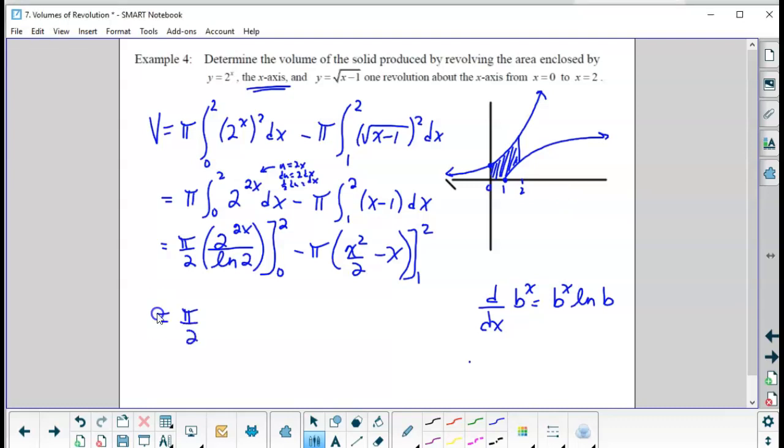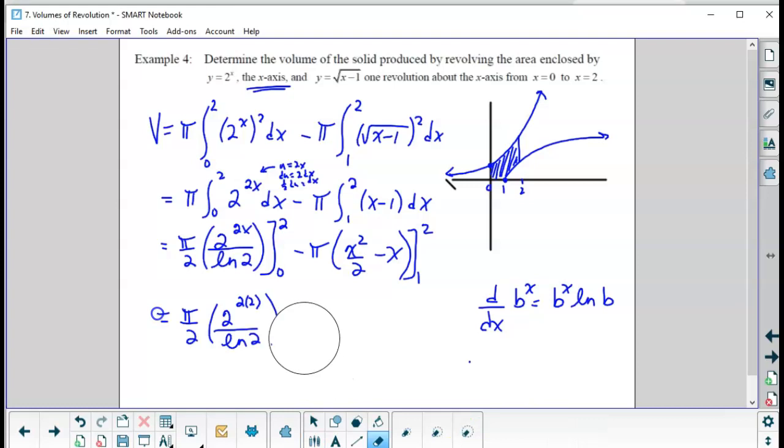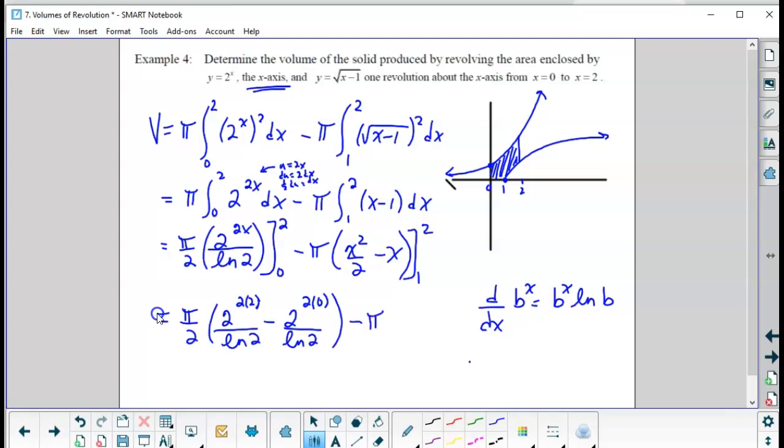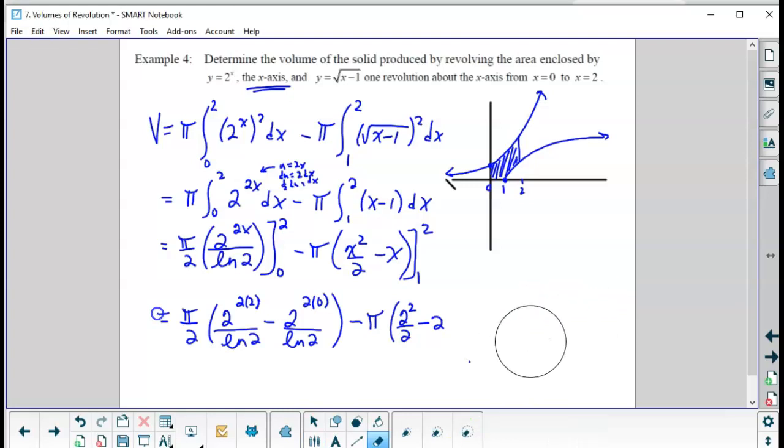Pi over 2, 2 to the 2 times 2 over ln of 2, lots of 2's, minus, you can keep the bracket there, 2 to the 2 times 0 over ln of 2, and minus pi times 2 squared over 2 minus 2, minus 1 squared over 2 minus 1.